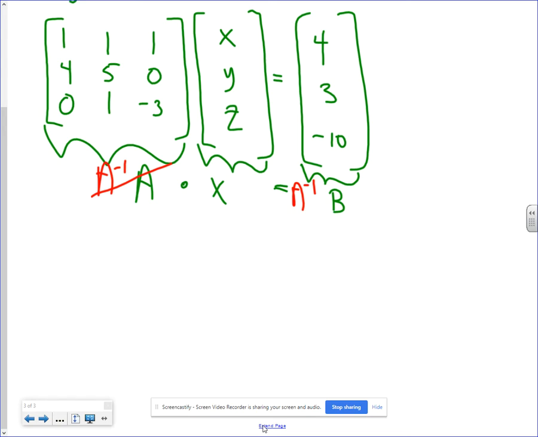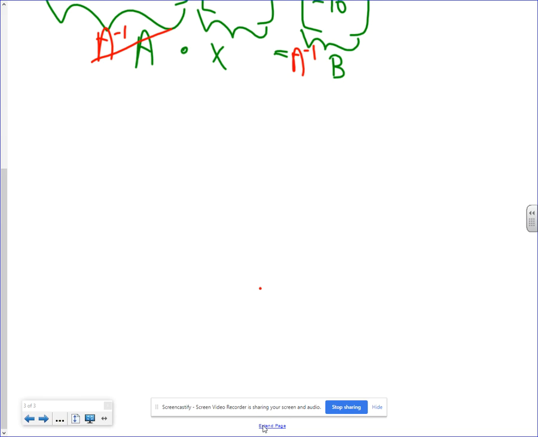The inverse of A is the following matrix here. Inverse of A is this matrix.